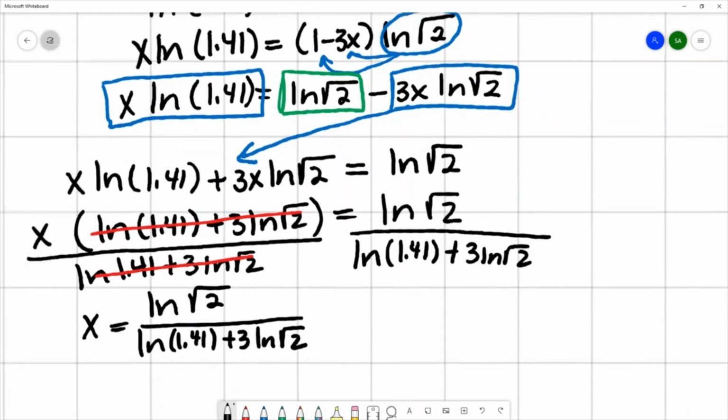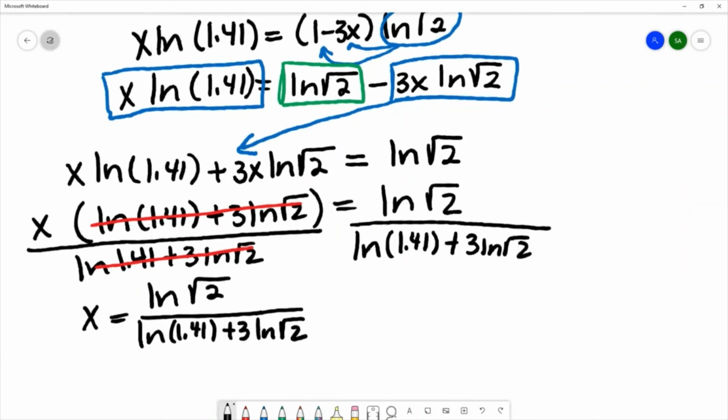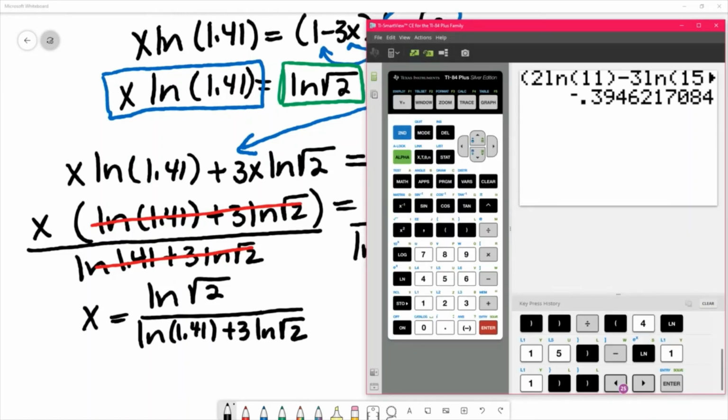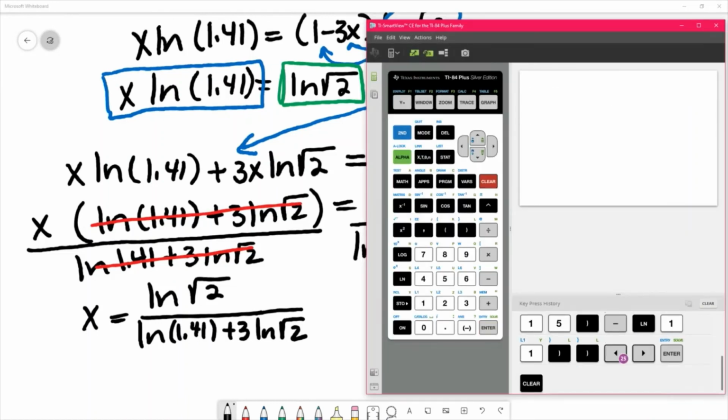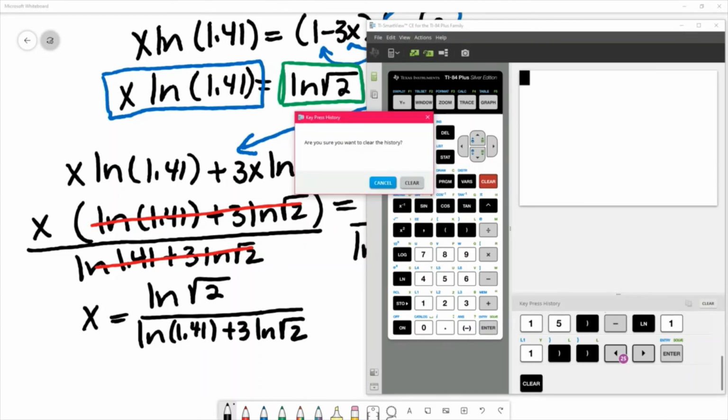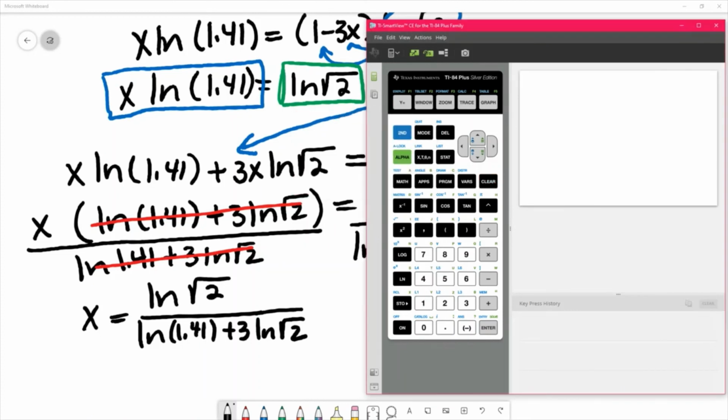We may need to give an approximation, so let's use our calculator to get that approximation. So in the numerator, natural log square root 2 is the only term, so I don't need parentheses around the numerator. I have natural log square root 2.